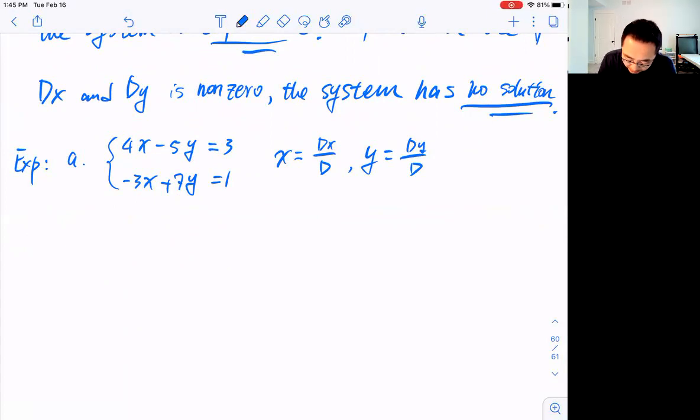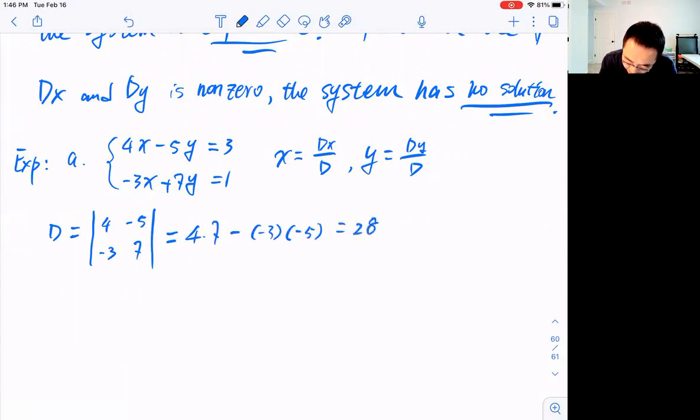Okay, and then we say, okay, d is the determinant of the coefficient matrix. So that means it's all the numbers in front of x and y, right? So this is then the matrix of 4, negative 5, negative 3, positive 7. And that equals 4 times 7 minus negative 3 times negative 5. And that is 28 minus 15, which gives you 13.